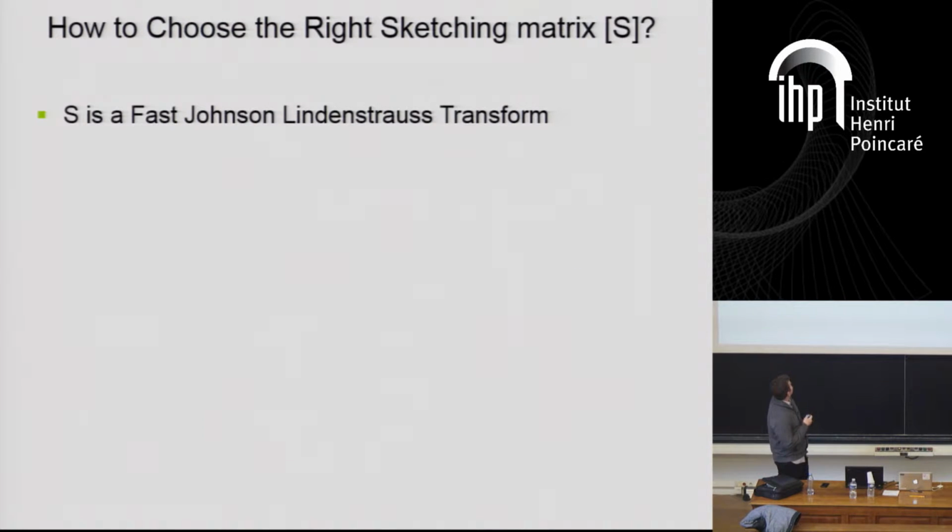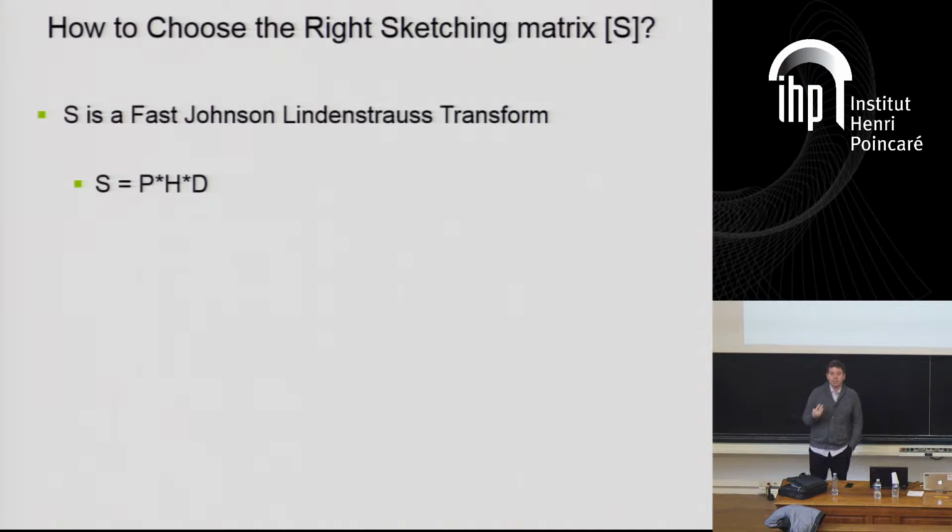But in a very nice paper of Sarlos, he observed that instead you can choose S from a much more structured random family of matrices, namely the so-called fast Johnson-Lindenstrauss transforms. These have the property that you can compute S times A much faster. Typically they can be factored into the product of three matrices, P, H, and D, and each of these factors can be applied to an n-dimensional vector very quickly.